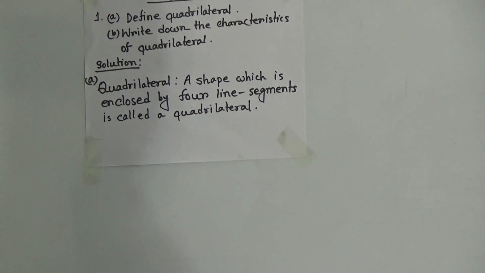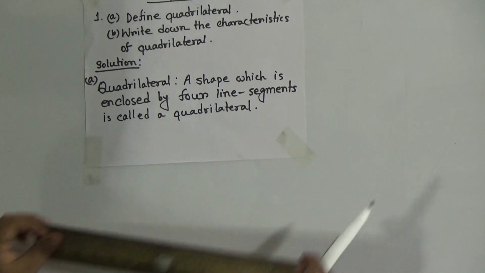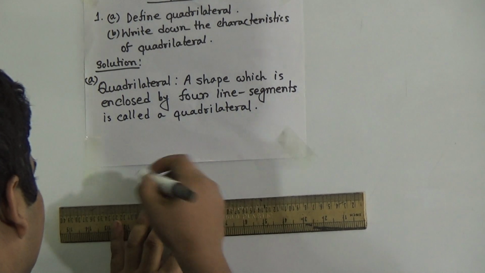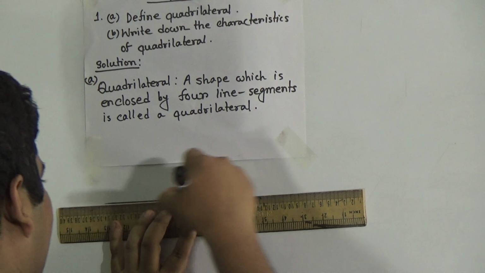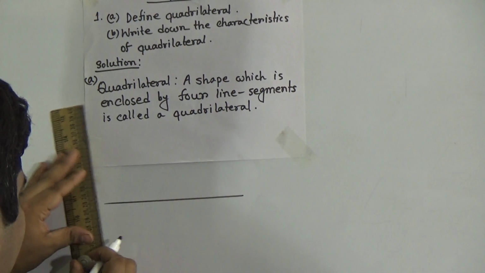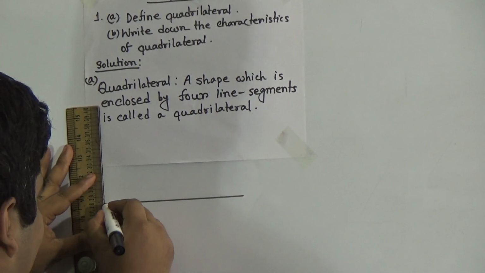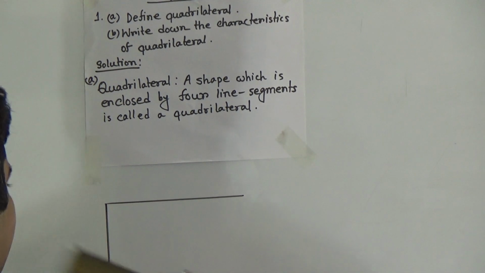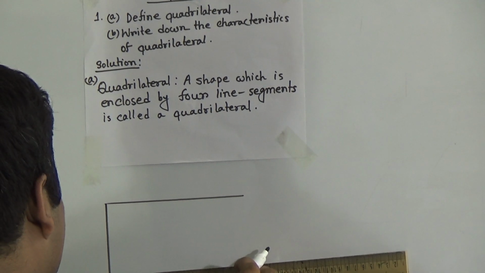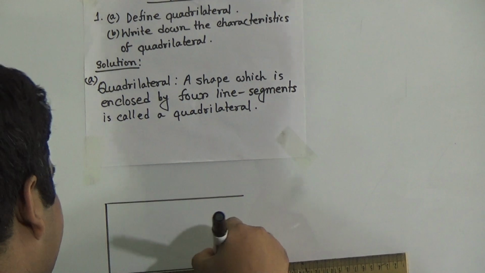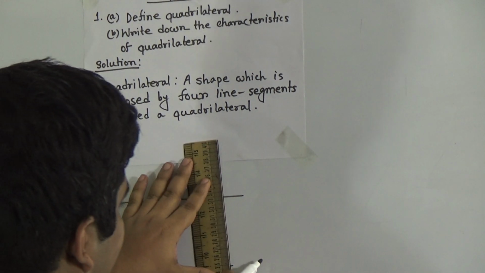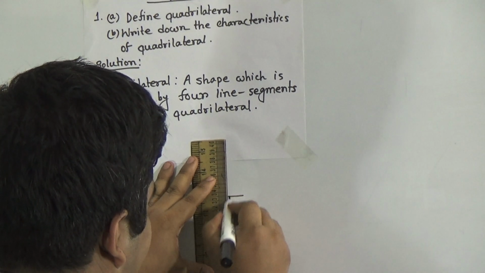Okay, so at first we draw a quadrilateral. One line segment, this is another line segment, this is another line segment and this is another line segment.